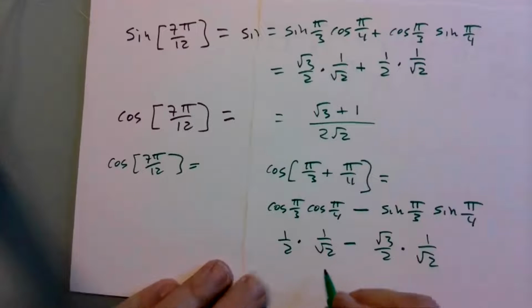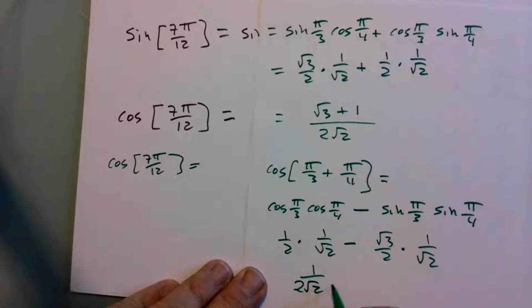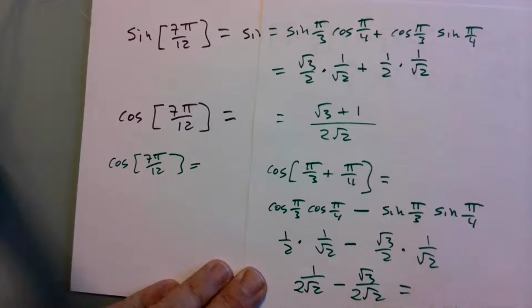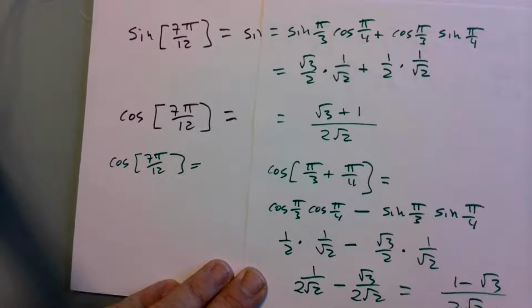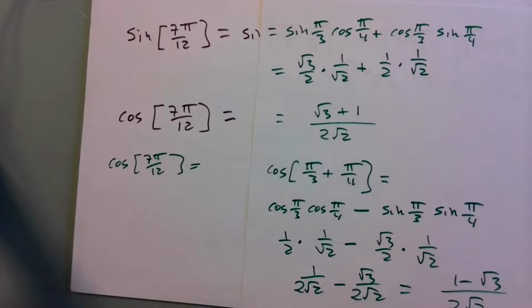So we get 1 over 2 root 2, minus root 3 over 2 root 2, which I'm okay rewriting as 1 minus root 3 over 2 root 2. Again, there are many, many other ways we could do this. So you've got to be careful in terms of looking at that. But that certainly is a correct answer. All right. Let's take a look at one more in that world.